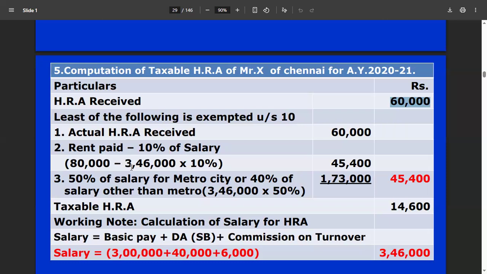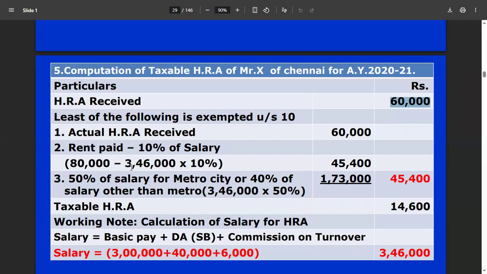The third condition is 50% of salary if he is in metro and 40% of salary if he is in non-metro. Now he is residing in Chennai, and as per Income Tax Act, Chennai will be considered a metro city. So what is 50% of salary? 3,46,000 divided by 2 is 1,73,000.